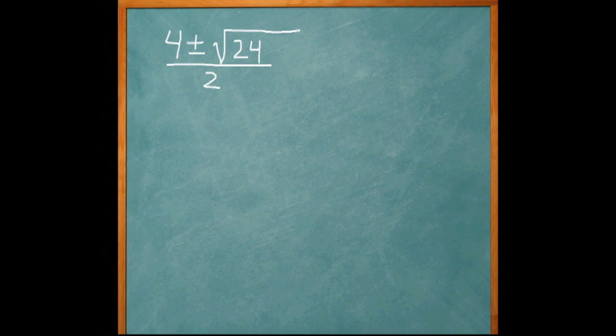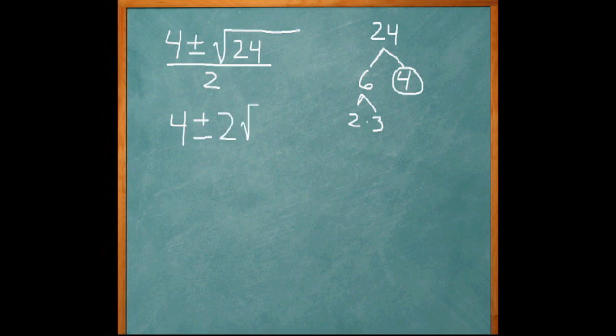All right, if we take a look at 24, 24 is not a perfect square, but you can break it down to 6 times 4, and 6 is 2 times 3. And we know 4 is a perfect square, so we can write that radical as: square root of 4 is 2, so 2 comes out.